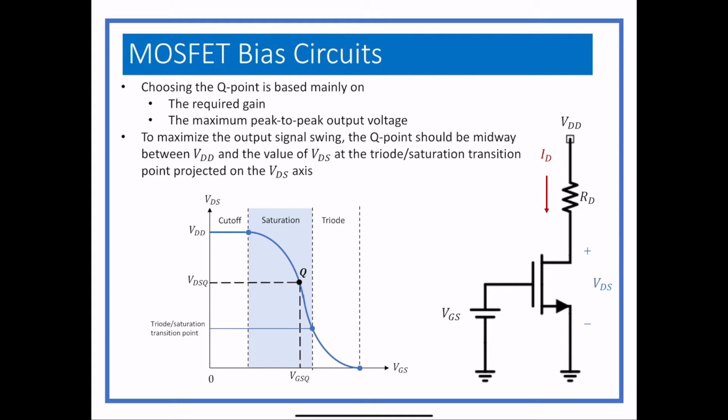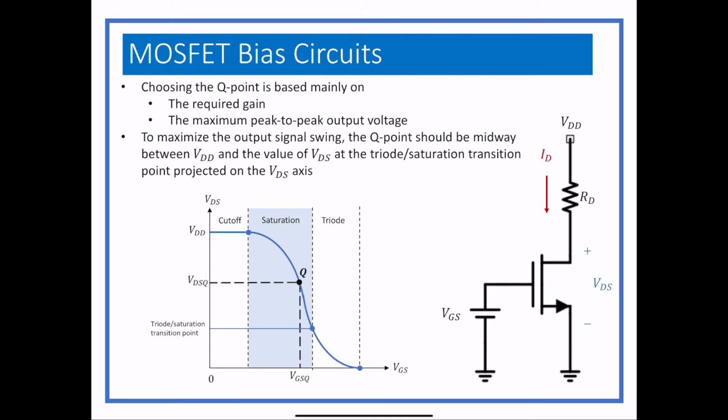But you notice that VDS is pretty much exactly halfway between VDD and the saturation point. And usually the voltage at the transition point is relatively small. So oftentimes VDS is about half what VDD is. Not always, but often it's about half, and that gives you pretty much the maximum amount of swing at the output that you can get.